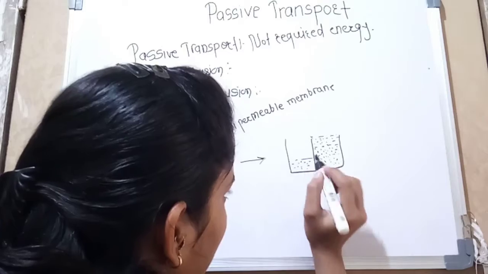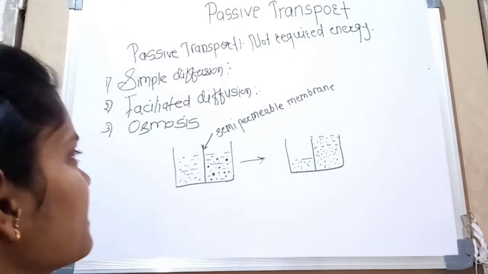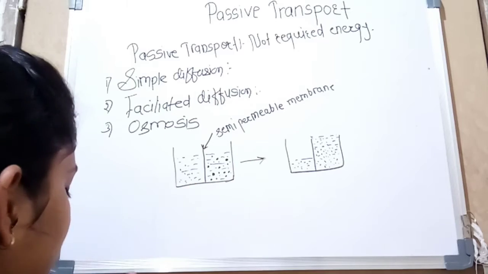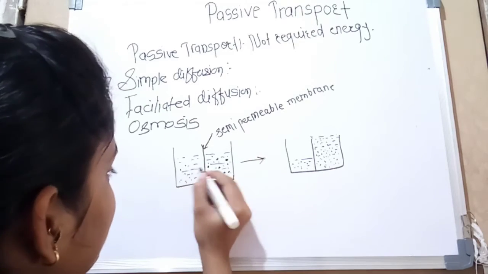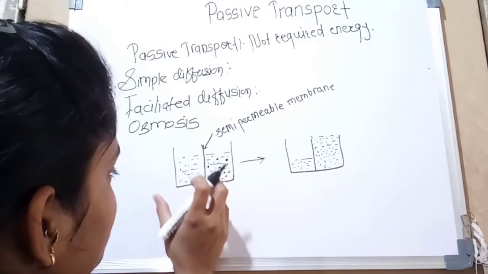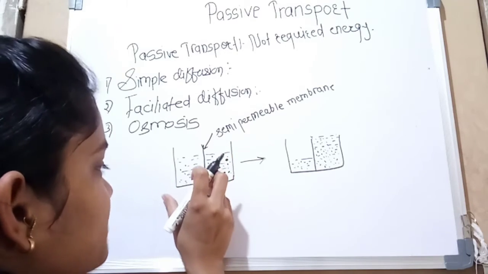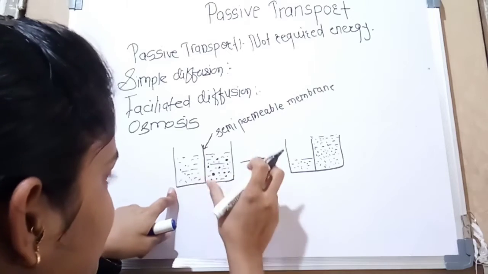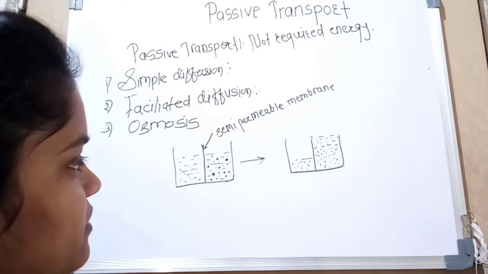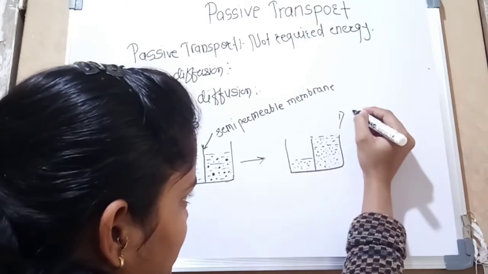So in osmosis, the water molecules move from where the solute particles are less, and the rate of transfer of water depends on the concentration gradient.